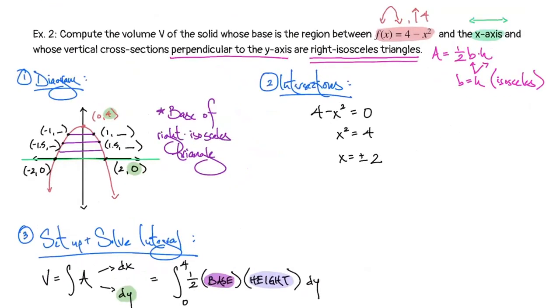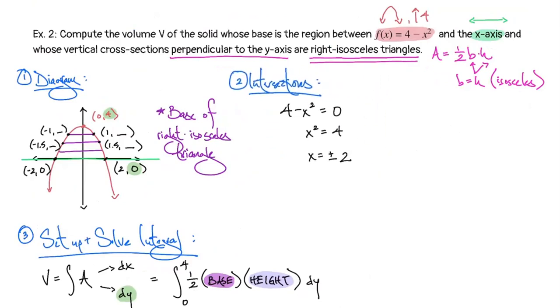But our equations are all like f of x equals a bunch of things with x's, and that's not really convenient for that. So sometimes you're going to have to do a little bit of rewriting.